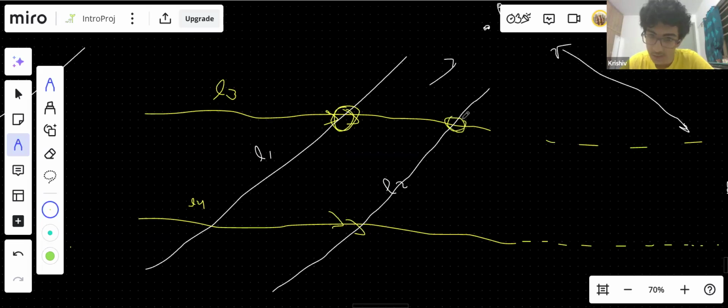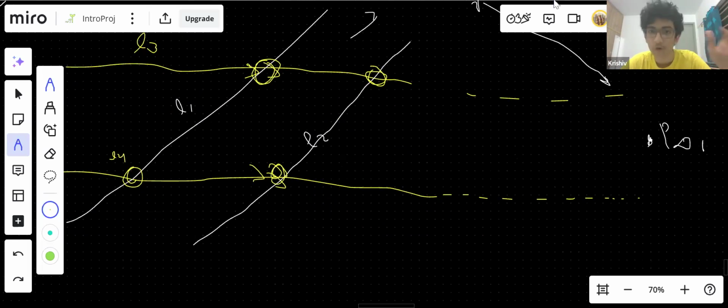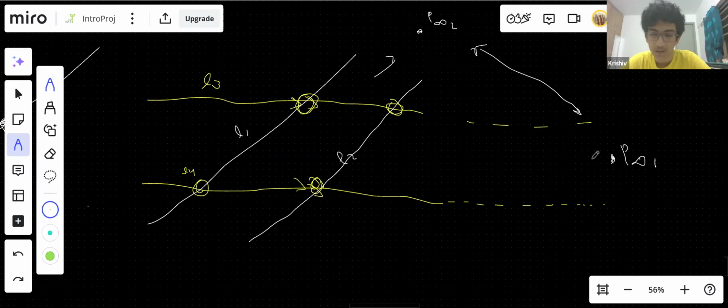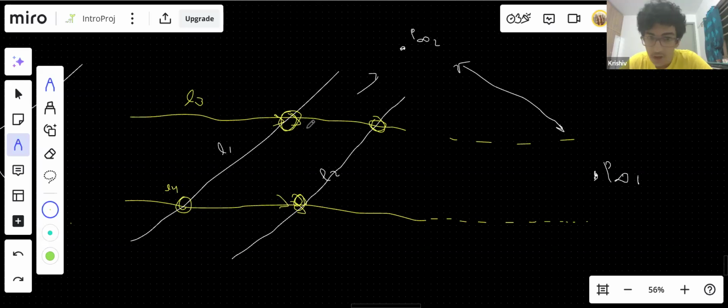These two already intersect at this point, and this point. So they already intersect at one point, and it's clearly visible that they are diverging. The white line and the yellow line are not going to intersect again, obviously. The existence of the point at infinity is also not obvious. So we already have an intersection point for these four lines.